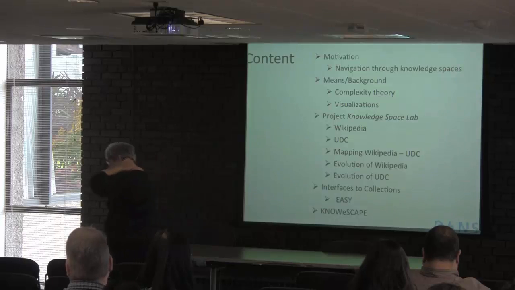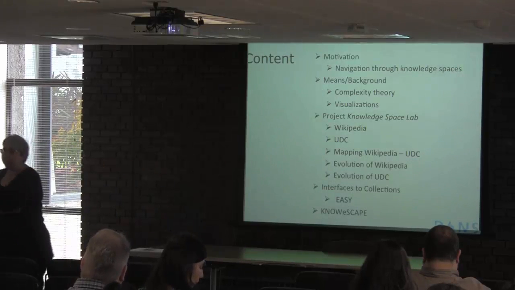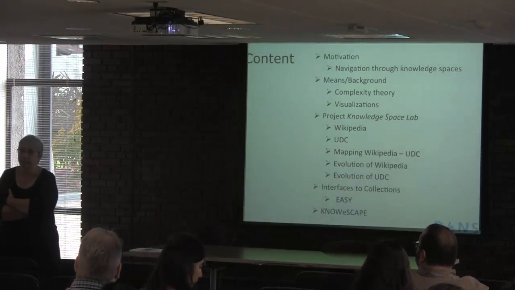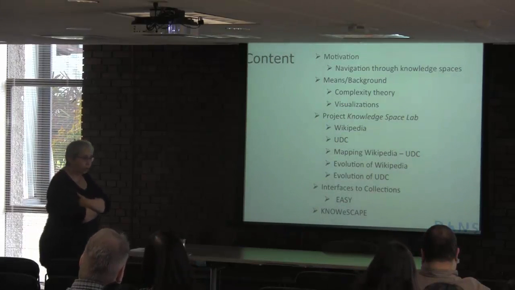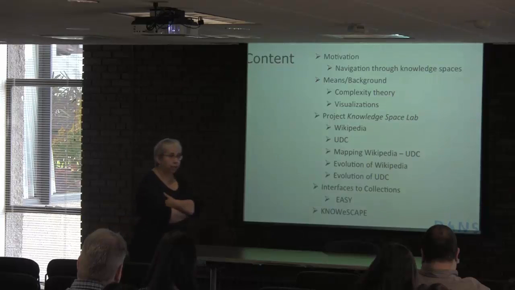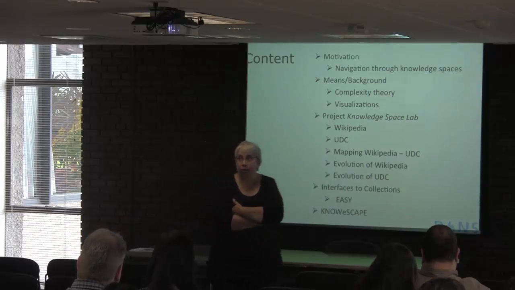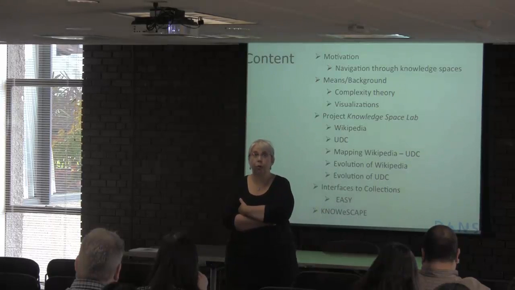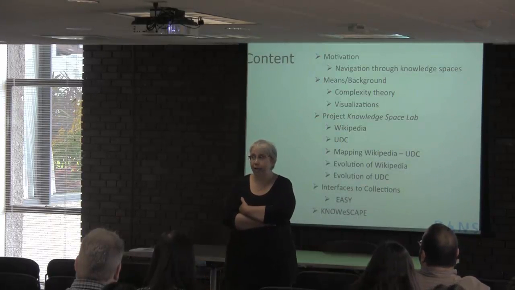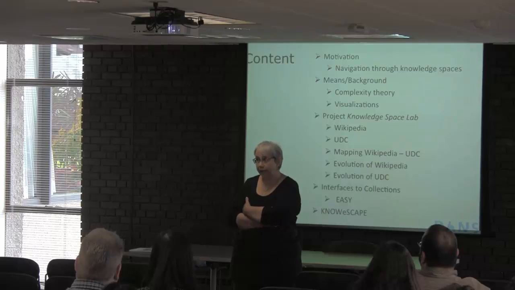I said information scientist, but I'm coming from bibliometrics. That's my kind of information science background. If I talk about knowledge orders and classification systems, I for sure will use vocabulary you are very familiar with, more familiar with than I am, and I might use it in a bit of an odd way.